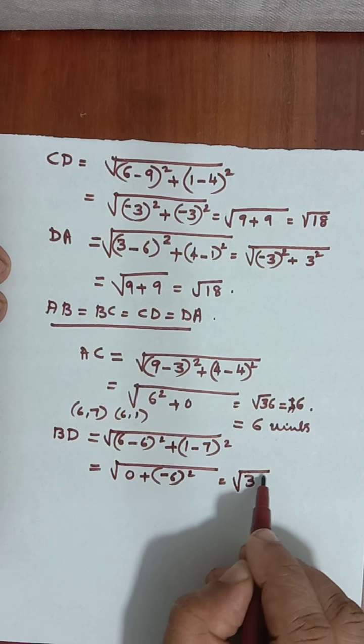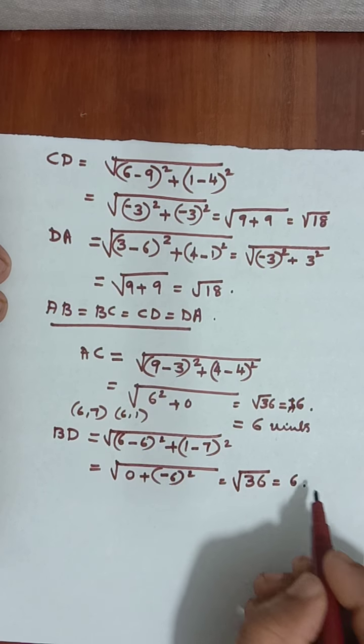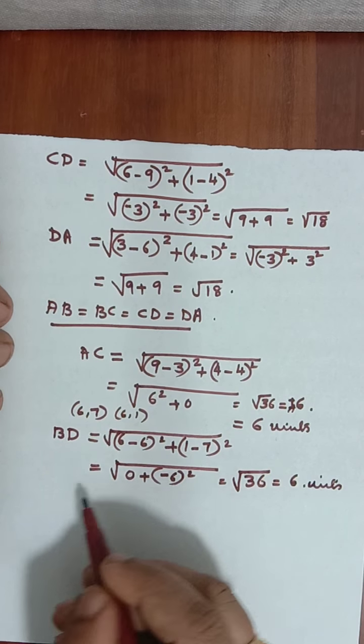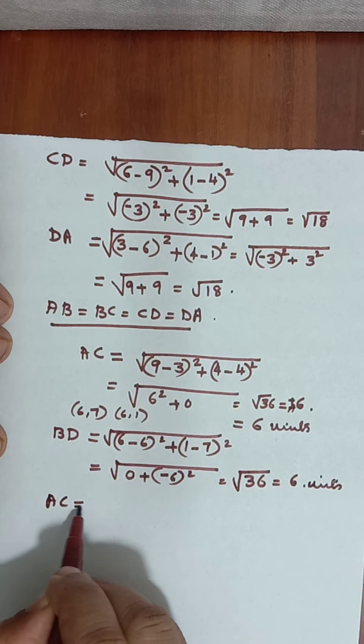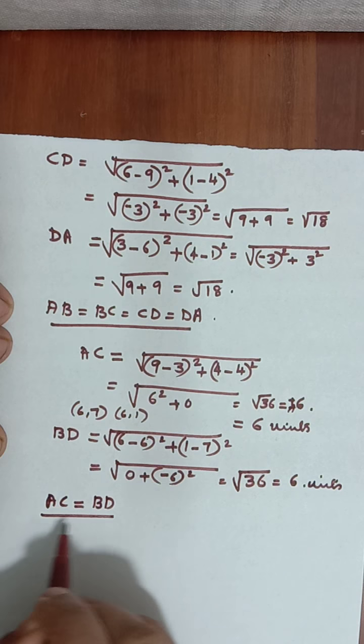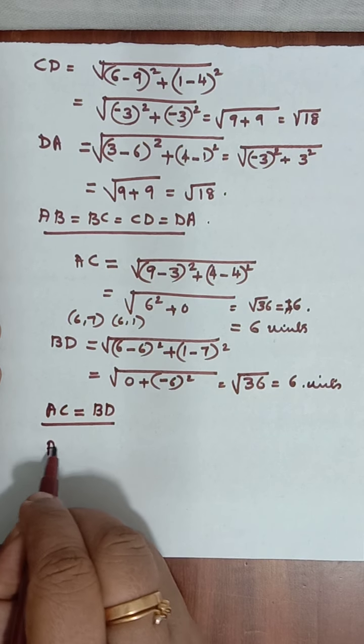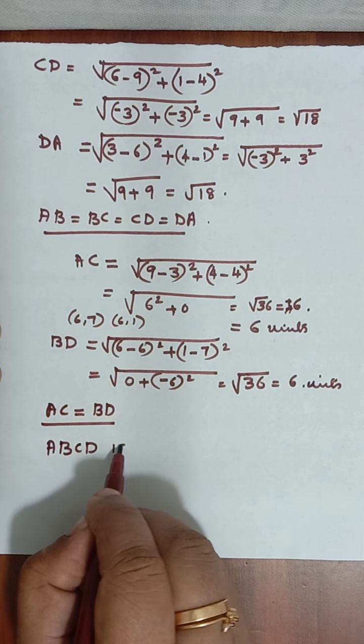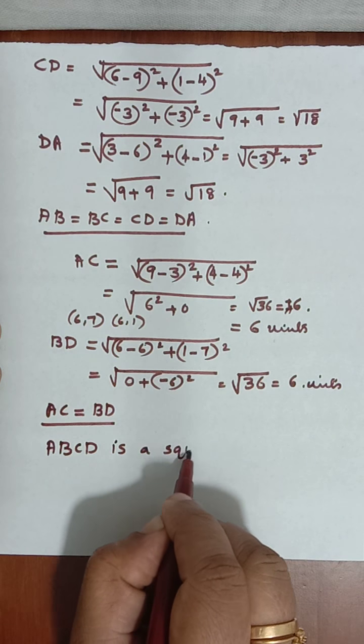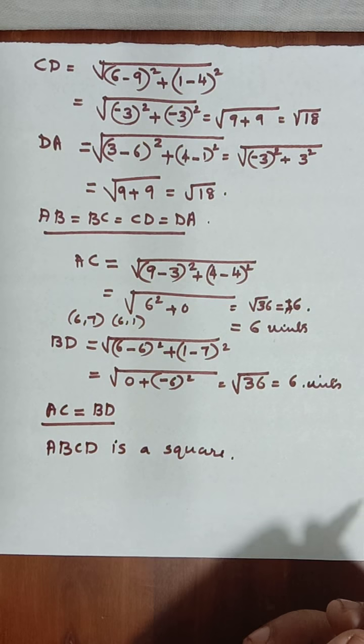Negative 6 square is 36. Root 36 is again 6 units. So we have seen that AC is equal to BD. Diagonals are also equal. Therefore we can say that ABCD is a square.